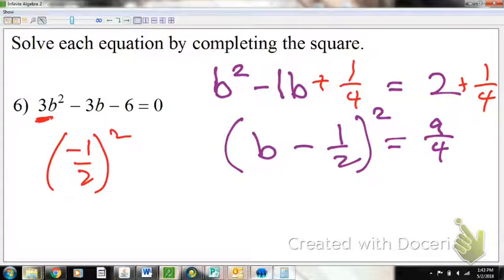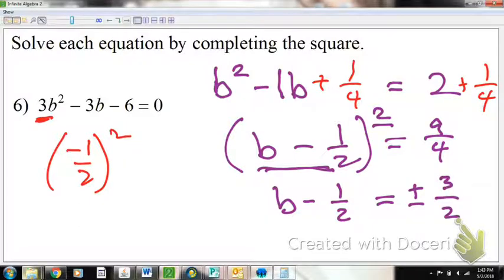And now we're ready to apply the square root property, which says if we have something squared, then the something inside is equal to the positive and negative square root of the other side. So the square root of 9/4 is 3/2.